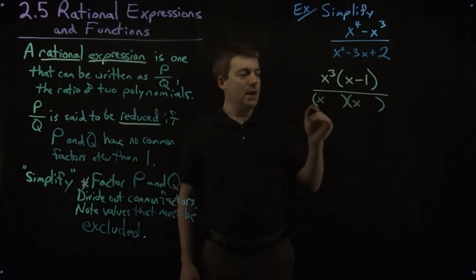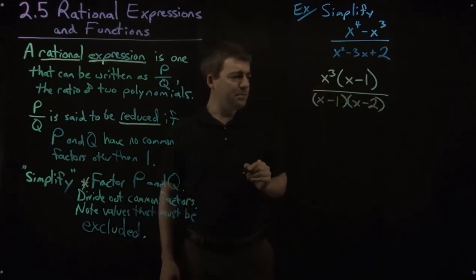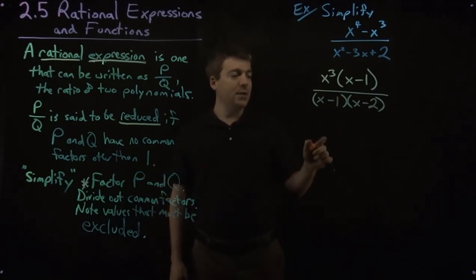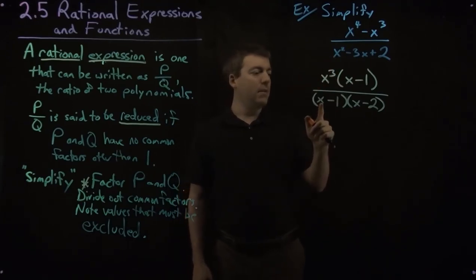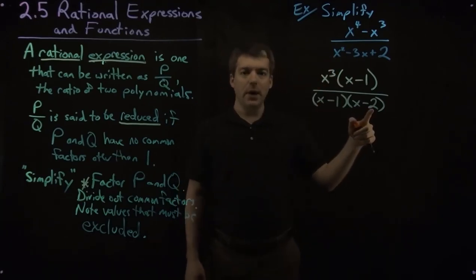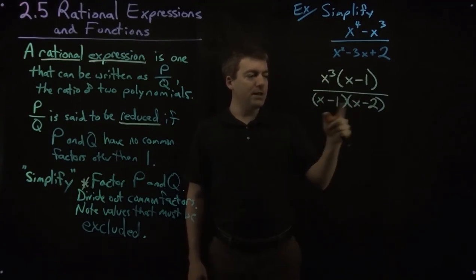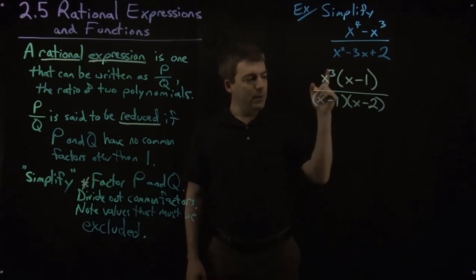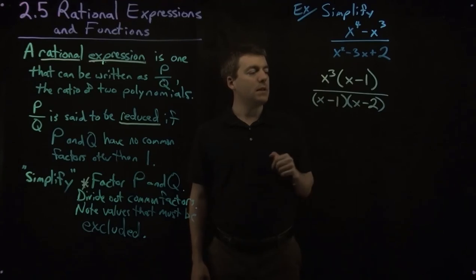So negative 1 and negative 2 are the right choices. Again, we can always multiply out to check. X times x is x squared. X times negative 2 is negative 2x. Negative 1 times x is minus x, so that's minus 2x minus x is minus 3x. And then minus 1 times minus 2 is plus 2.